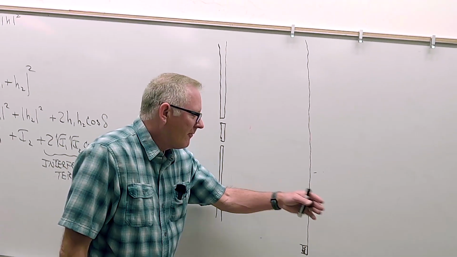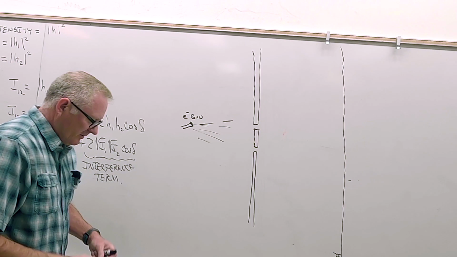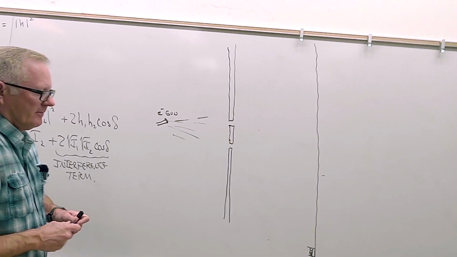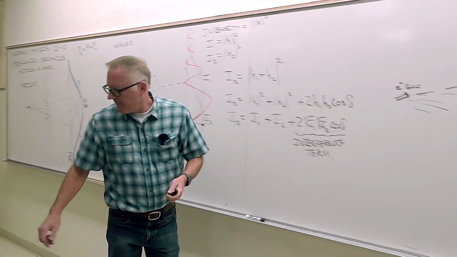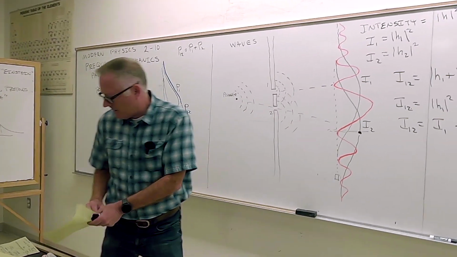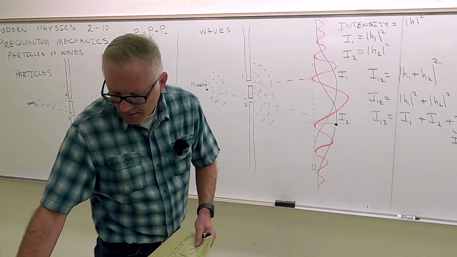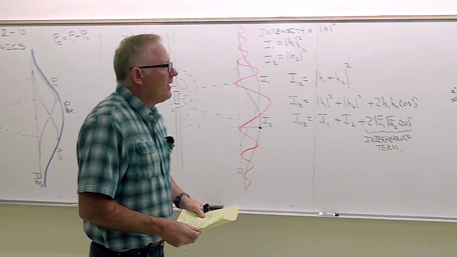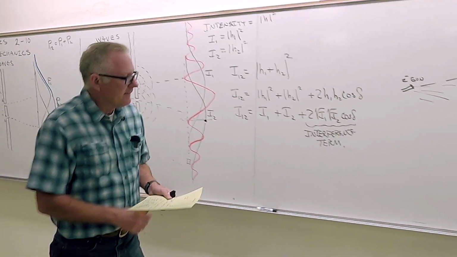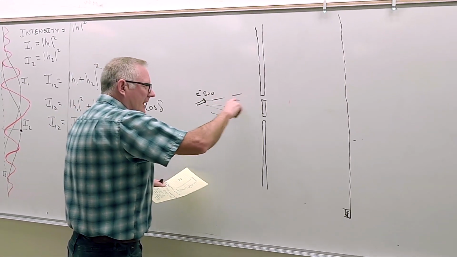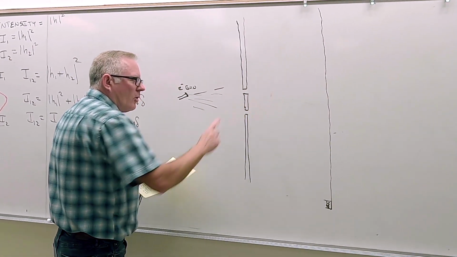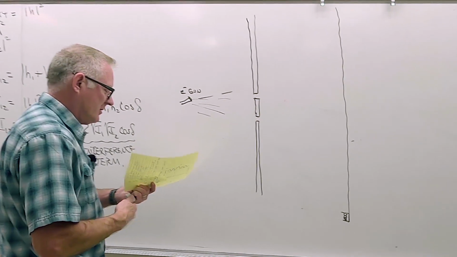We never get a half of an electron. We always get a whole electron in the bucket right here. So if we hear a clink right here, can we say that the electron either went through this hole or that hole?